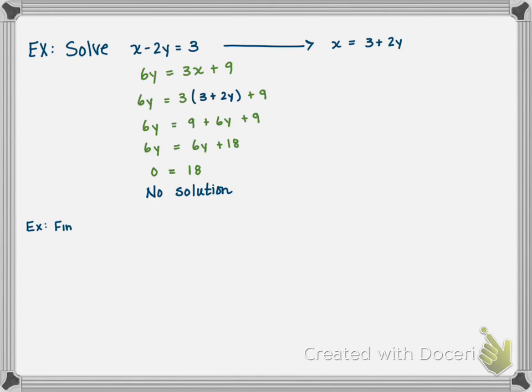So if I say find the point where the graphs of f of x equals negative 3x plus 5 and g of x equals 4x minus 5 intersect.